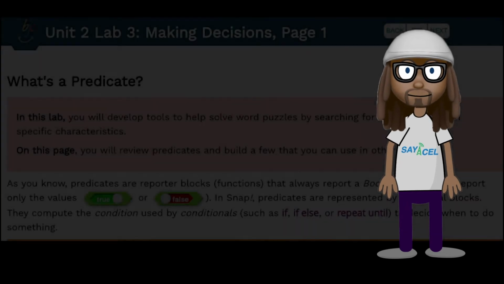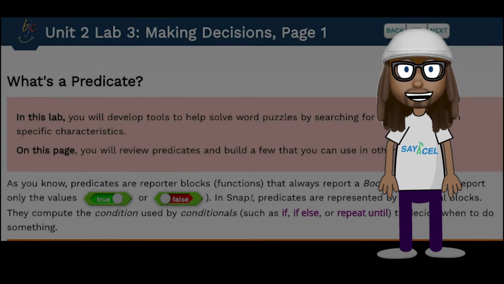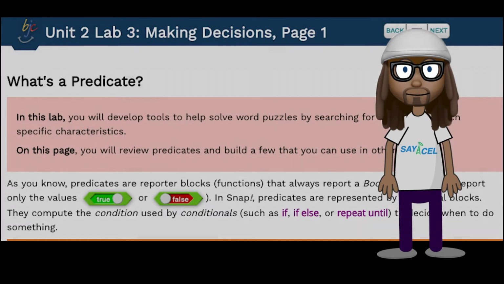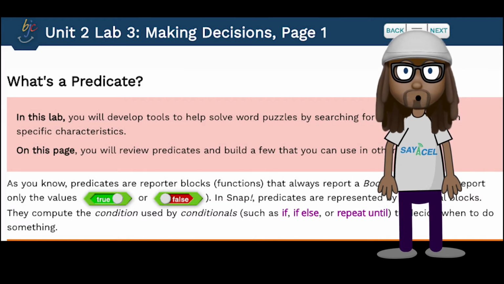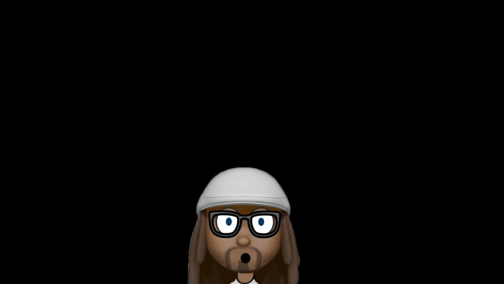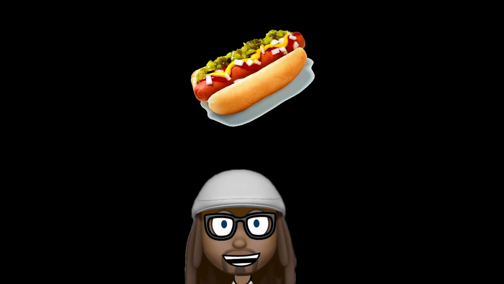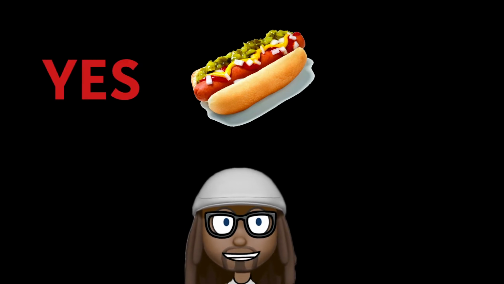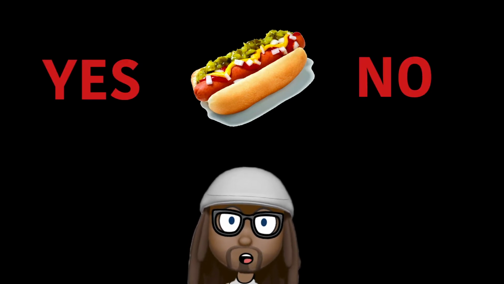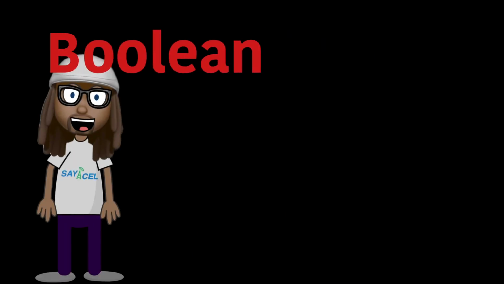Hello, class. Today we will be doing Unit 2, Lab 3 of Making Decisions in Beauty of Joy Computing. In life, there are so many decisions. Like, should I eat a hot dog today? Yes or no? You see what I did there?